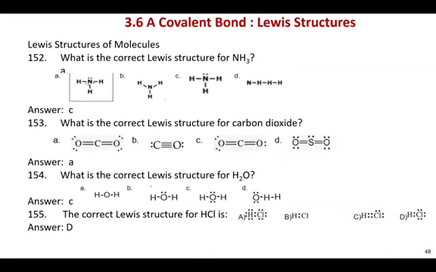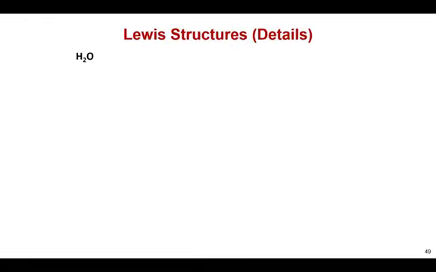Water has 8 electron pairs in the valence shells of all the hydrogen and oxygen atoms. So the structure is: the central atom is oxygen, then you connect the terminal atoms and fill the octet and duet: hydrogen duet, oxygen octet, and you get the structure.